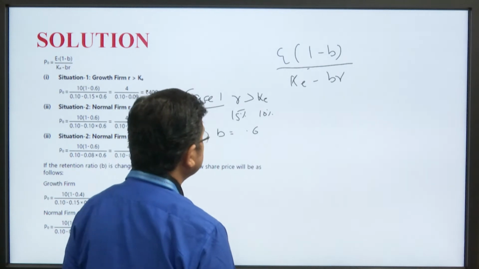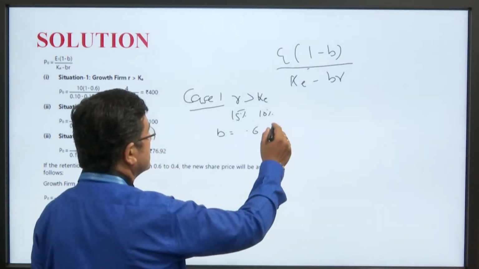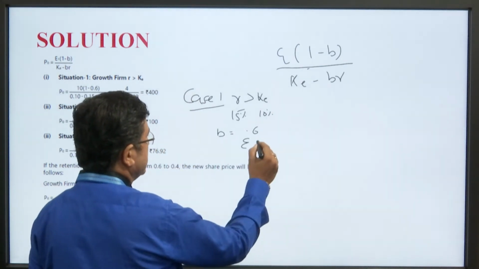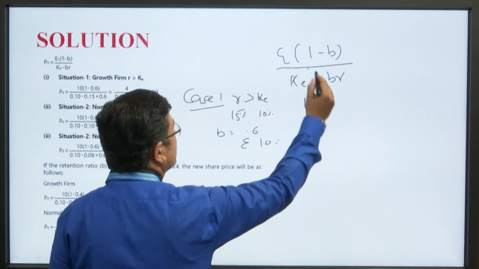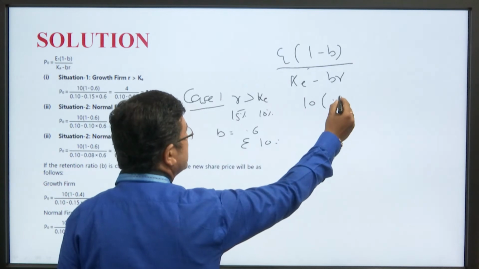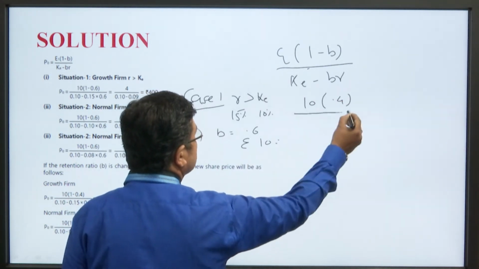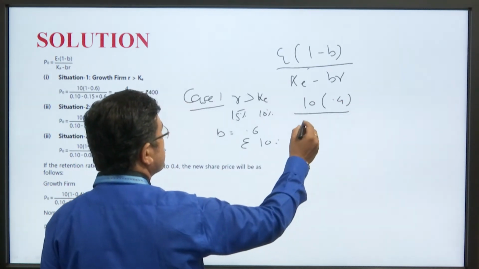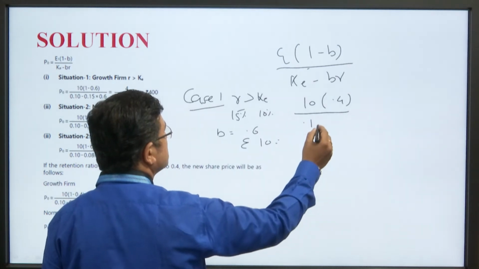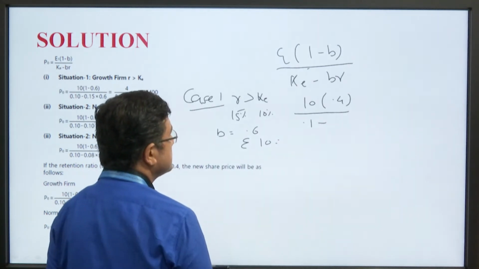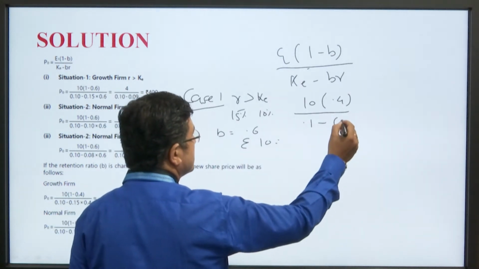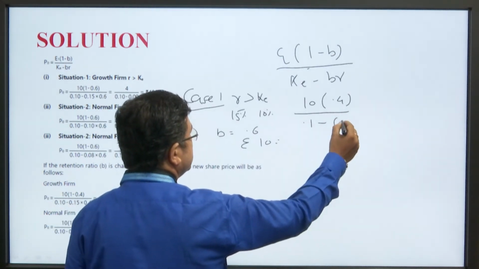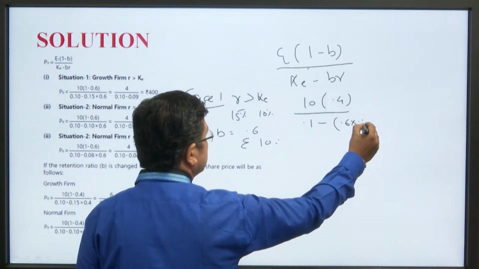So, E is 10, 1 minus B is 0.4, KE is 0.1 minus B into 0.15.